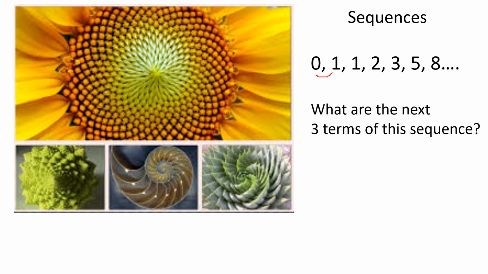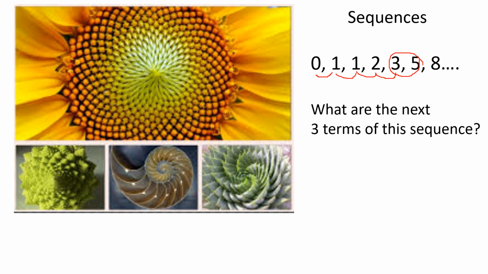If you add 1 and 1 together, you will get this 2. If you add the 1 and the 2, you will get this 3. If you add this 2 and this 3, you will get the 5. So each term is made up by adding the 2 terms in front of it. So this 8 is made up by adding 3 and 5.